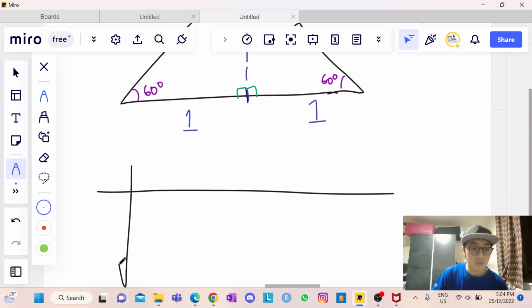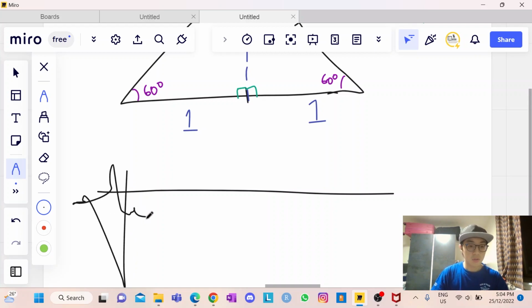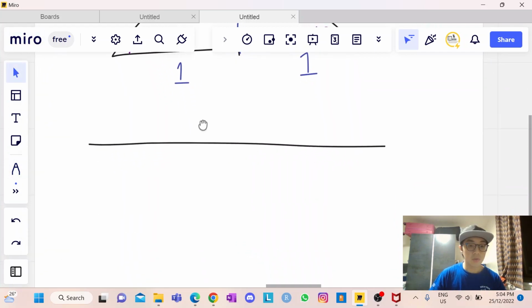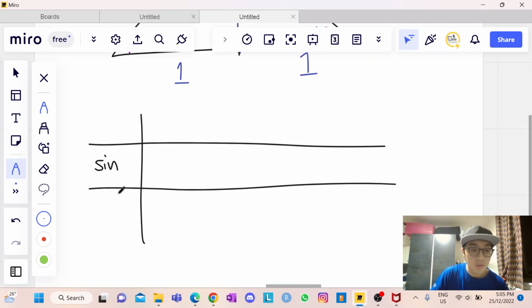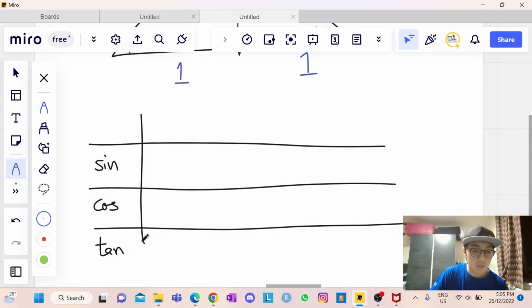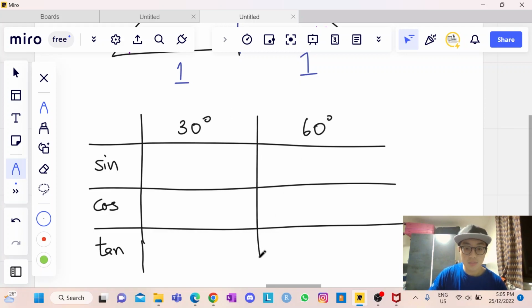I'm going to write down here sine, cos, and tangent. And this is going to be 30 degrees and 60 degrees.